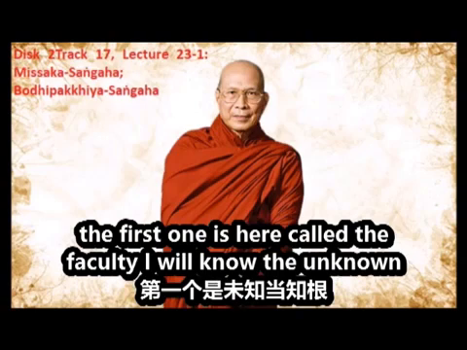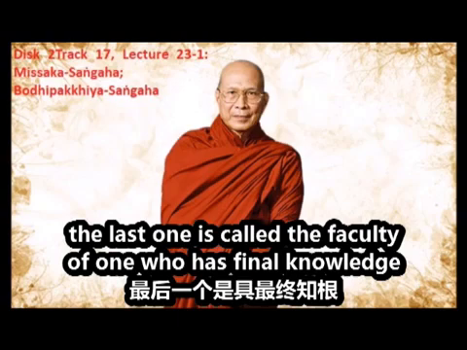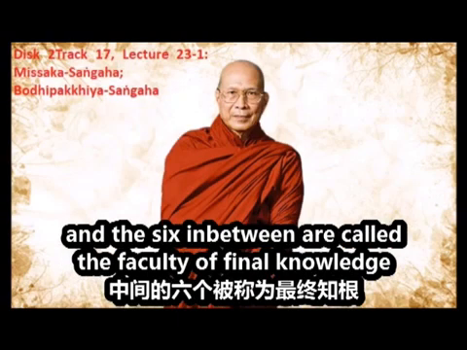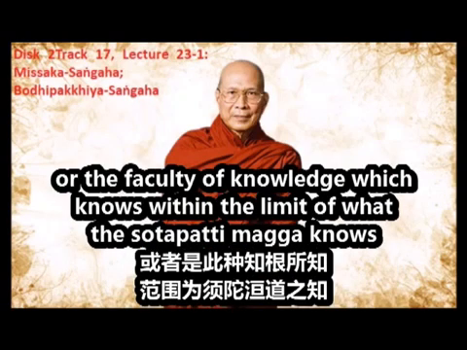The first one is here called the faculty I will know the unknown, and the last one is called the faculty of one who has final knowledge. And the 6 in between are called the faculty of final knowledge, or the faculty of knowledge which knows within the limit of what the Sotapatti Magga knows.